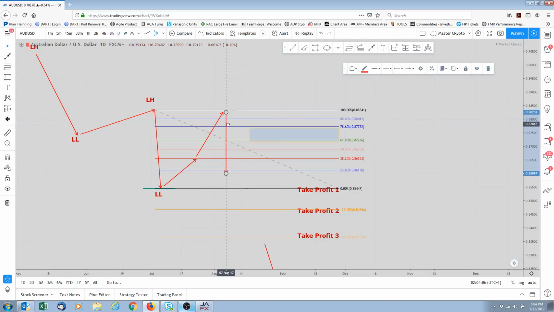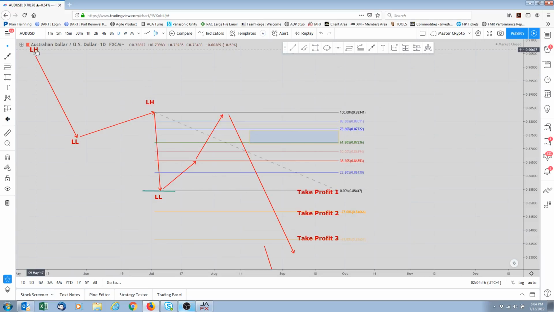Price could go back all the way to 100%, and if you placed a sell here, you have a large stop loss because price could go all the way to 100% and then continue on its way without breaking structure. It's all about the lower high, then lower low, lower high, then lower low. Is this going to make a lower high and then continue down, or is it going to break structure?